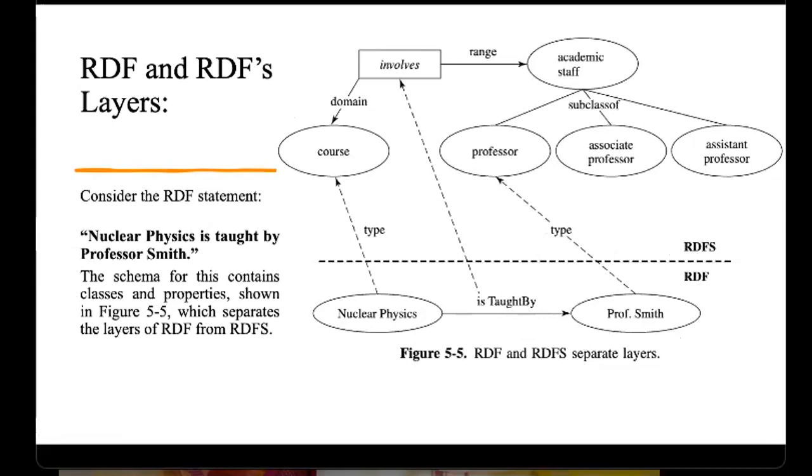Now let us consider the following classes: academic staff and courses. If course C is taught by academic staff A, then C also involves A. We can consider the class academic staff having subclasses: professor, associate professor, and assistant professor.